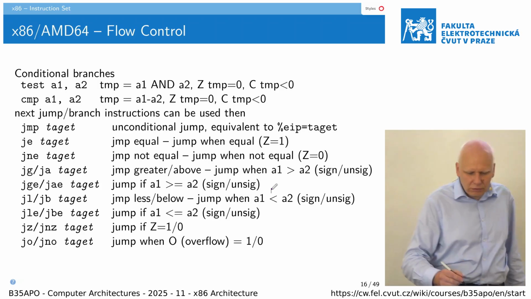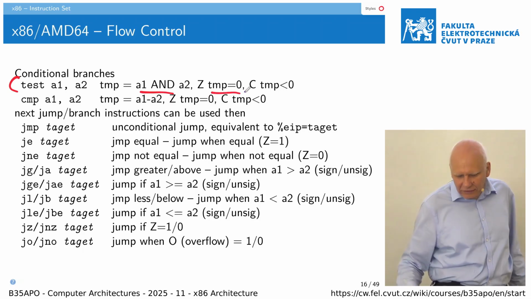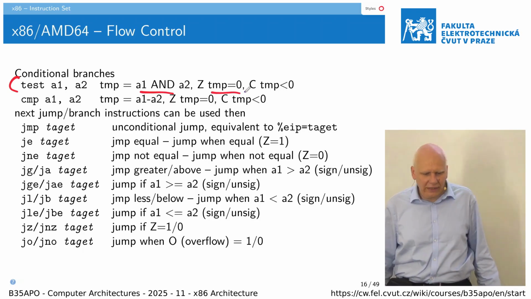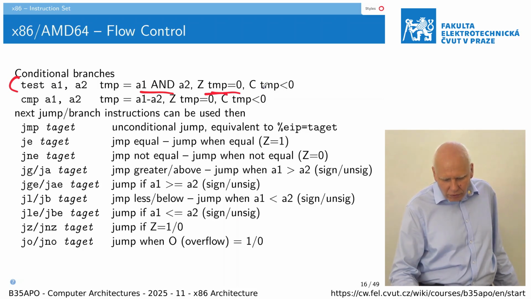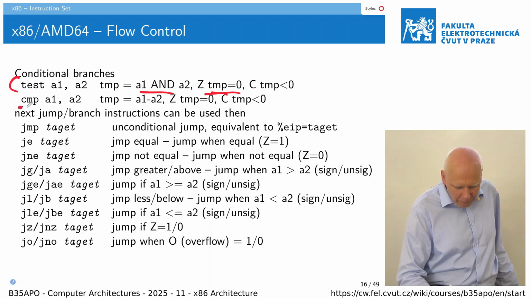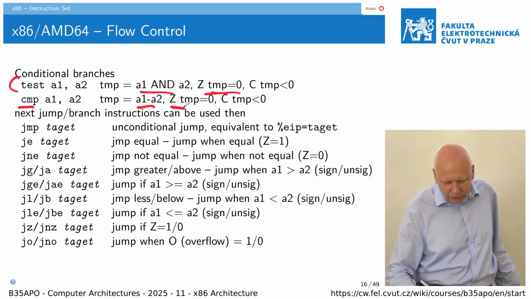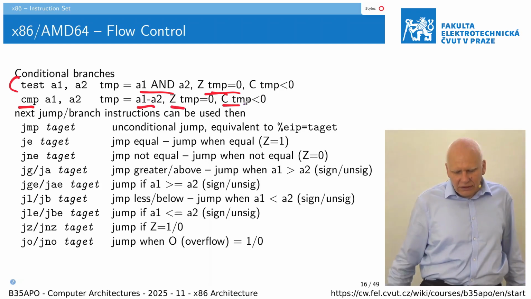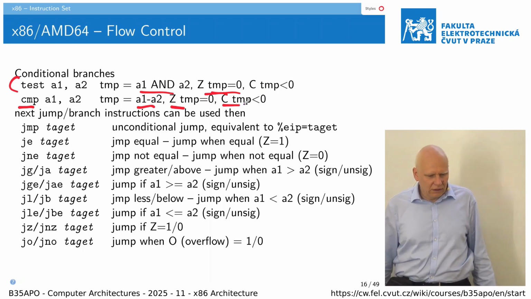You first need to test, which is in fact the AND operation, which provides the information if the result is 0 or non-zero, and some other flags, and the compare operation, which performs a subtraction and stores the value into the Z flag, and then see if there is overflow and so on.